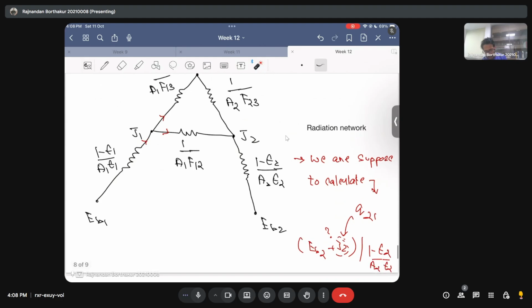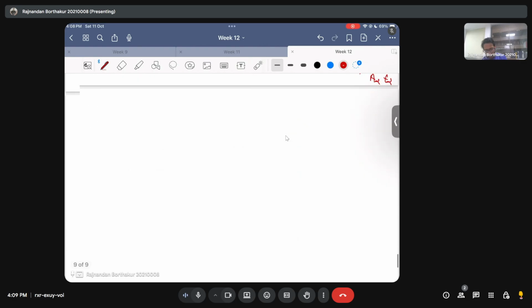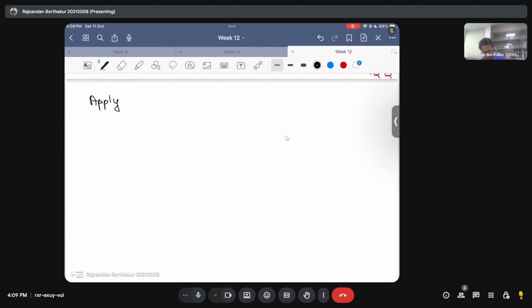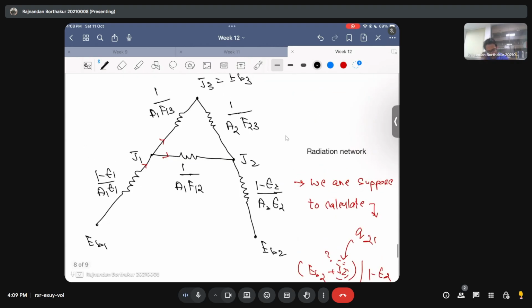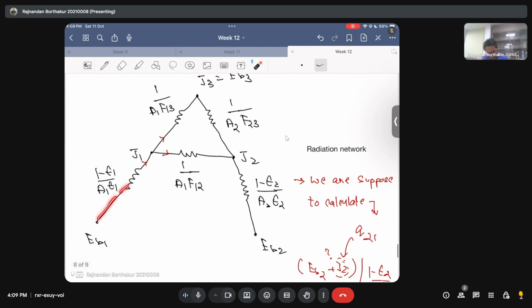So this is known as the junction law. We'll apply the junction law at two nodes, that is at J1 and J2. So we'll apply the junction law at J1. Applying the junction law at J1 says that the net flux that is coming into this branch is equal to the net flux that goes out from these two branches.